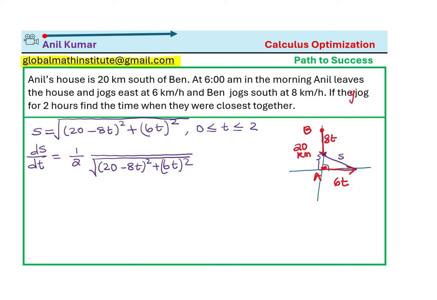And in the numerator, we get the derivative of the function itself. So the first part derivative will be 2 times (20 minus 8t) times minus 8, right? And this will be plus 2 times 6t and then 6. So we can write 12t, correct?